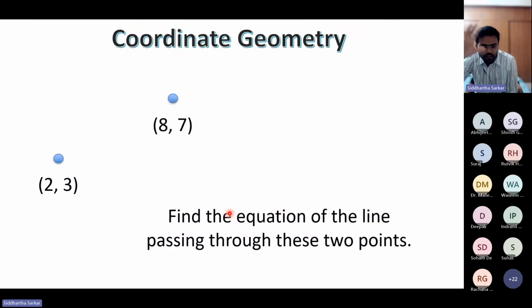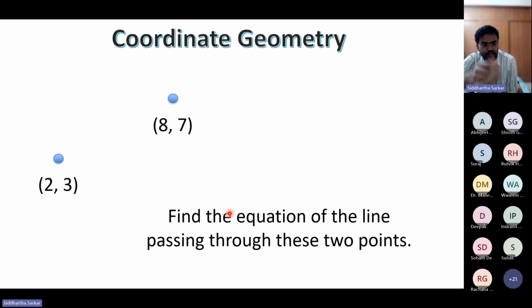So another branch of geometry which I think we are familiar with is coordinate geometry. So to recap, in coordinate geometry, we can represent geometric objects with some algebraic equations.